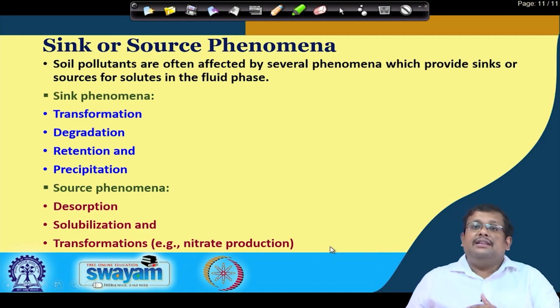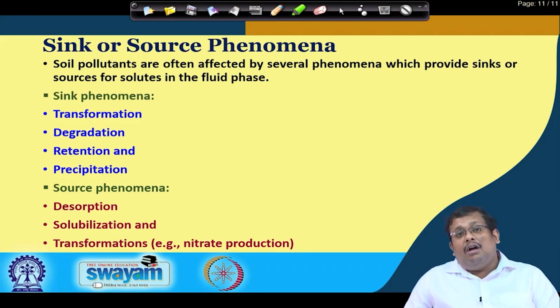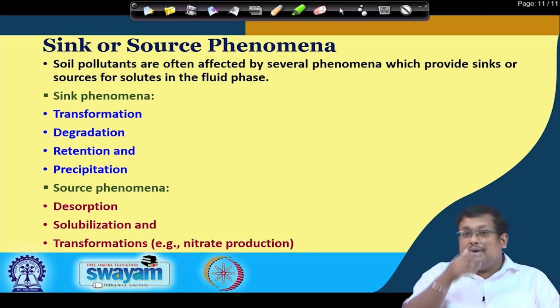So, we have completed the deterministic model, we have completed the movement through heterogeneous media, and then let us consider the sink and source phenomena. Now, soil pollutants are often affected by several phenomena, okay, which provide the sink or sources for solute in the fluid phase. So, what are the sink phenomena?